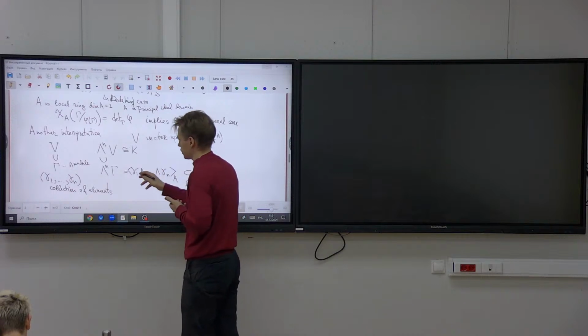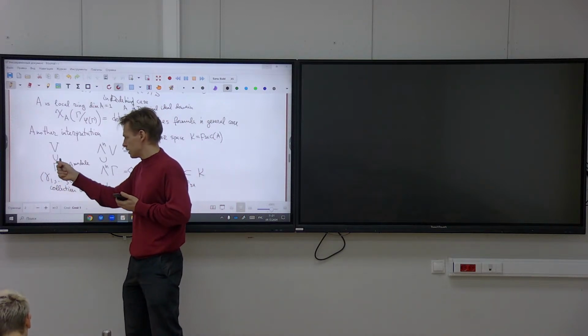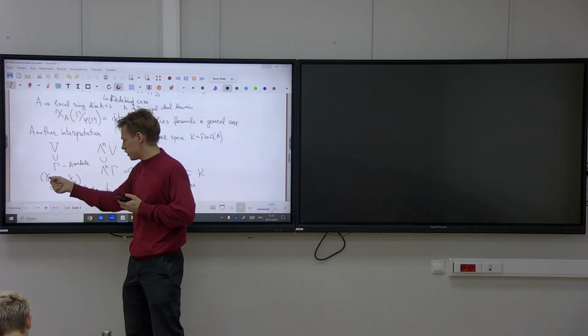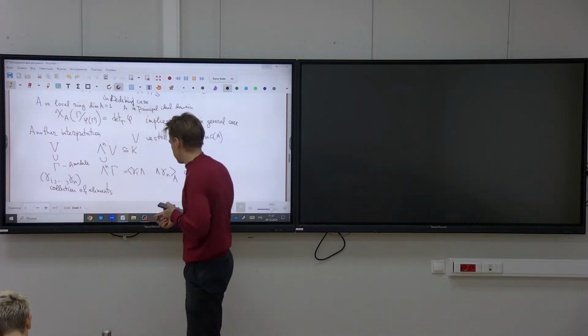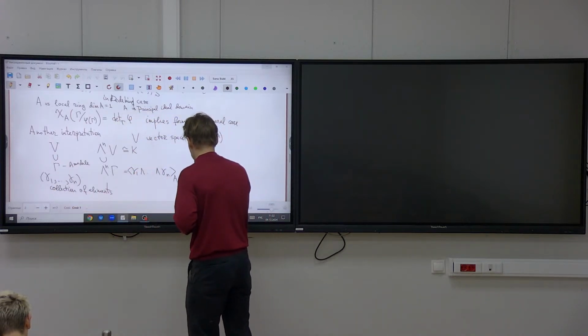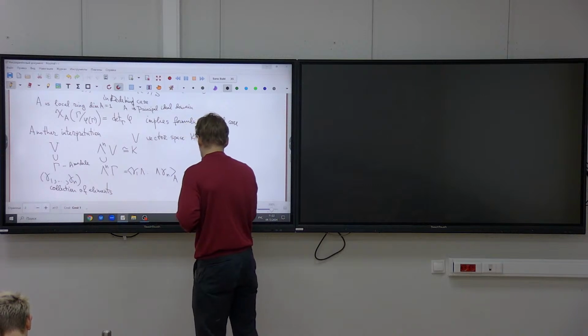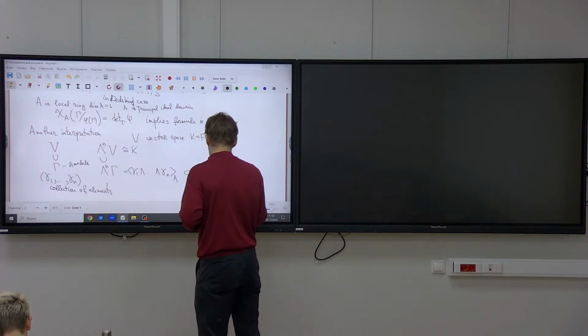It is finitely generated because you can pick up these elements of gamma.